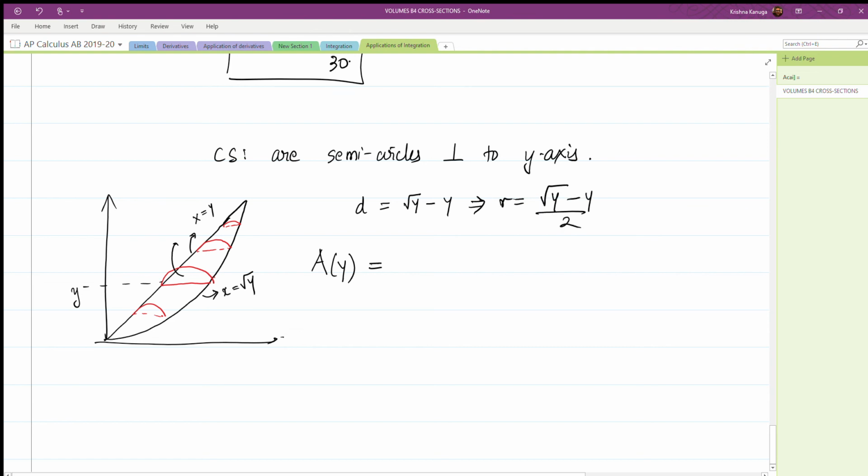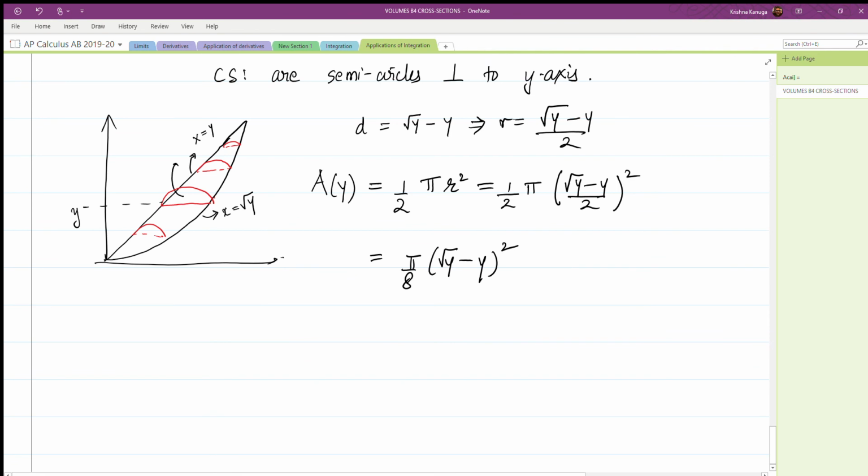So the area of the cross section of the semicircle will be 1/2 pi times radius squared, which is 1/2 pi times square root of y minus y over 2, the whole square, and that ends up being pi over 8 times square root of y minus y, the whole square.